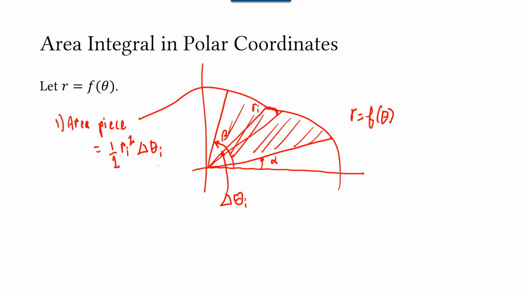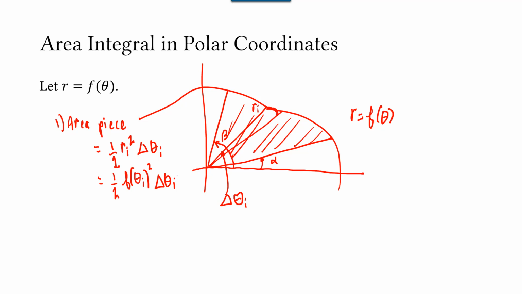That's the area of that thin sector that I've drawn. And then we need r in terms of theta. But remember that r is just the function f of theta. So that's what the area of a typical piece of my polar area would look like.